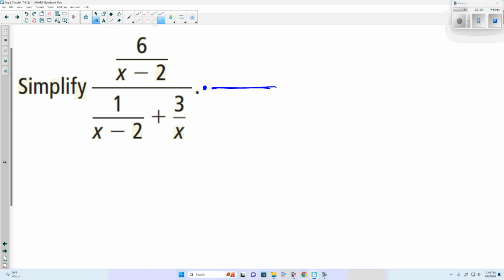Least common denominator, we need to see what we need to multiply the top and bottom of this fraction by to get the fractions in the top and bottom of this fraction to simplify. x times x minus 2. Yes.